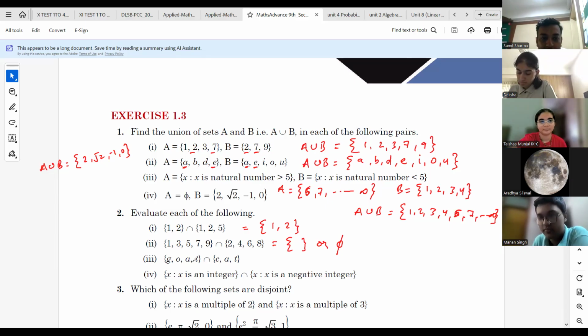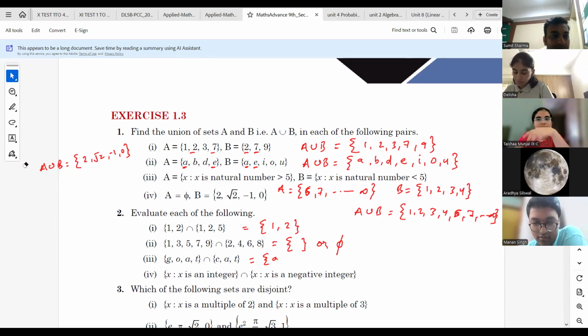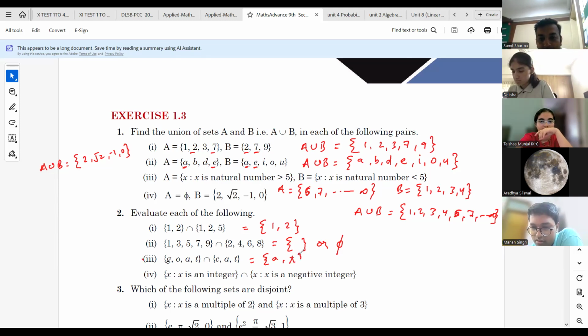Then we have GOAT and CAT. There is only one letter common here, which is A. Oh no, it is A and T both. You will write A and T both here. Then x such that x is an integer and x such that x is a negative integer.